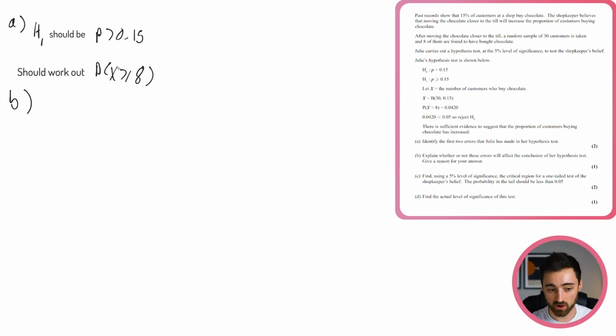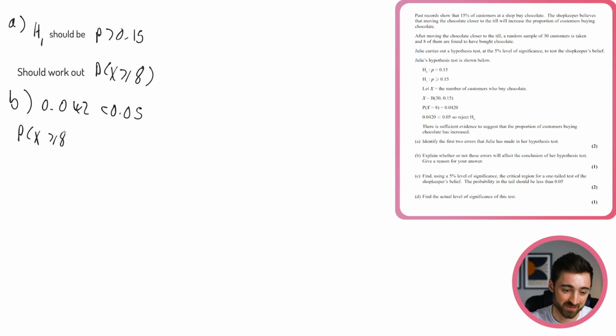But if we work out this probability and it's greater than 0.05, then we can't reject it, can we? So let's work it out. If we go to menu, again, we're going to need to do that old thing that we did with the binomial last time. It's basically 1 minus.